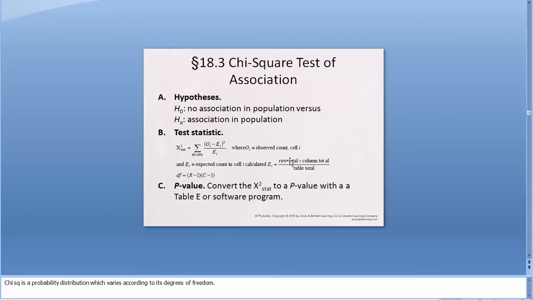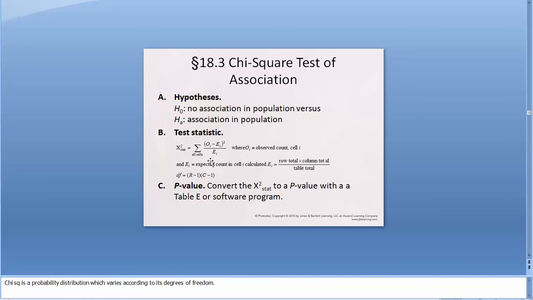You will take the row total times the column total and divide by the table total. So the expected will be equal to this if H null is true. So in other words, if H null is true, the observed should be close to E_i, right? Observed should be equal to expected. And then if that happens, this will be pretty close to this.